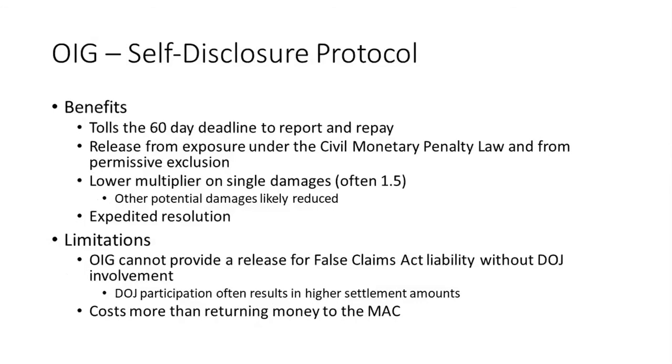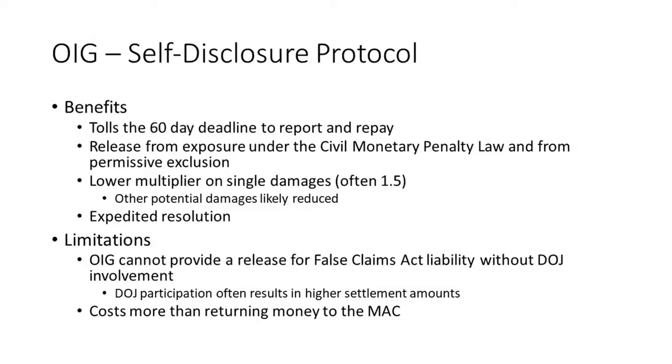Let's talk about going to OIG. Say you've run into a case where you found anti-kickback and Stark issues together. You want to go to OIG. The upside: it does toll that 60-day deadline to report and repay. It releases you from liability under the civil monetary penalty law and from permissive exclusion.